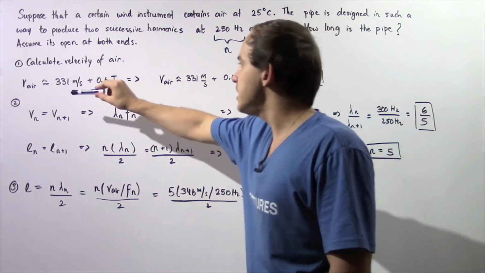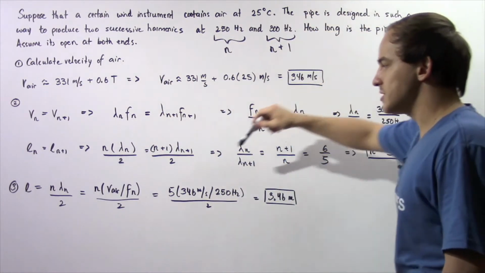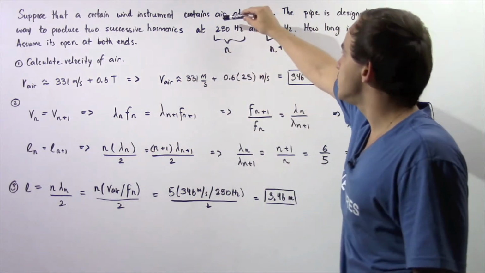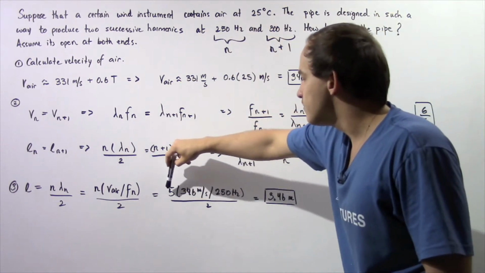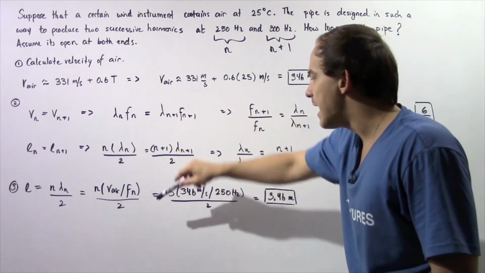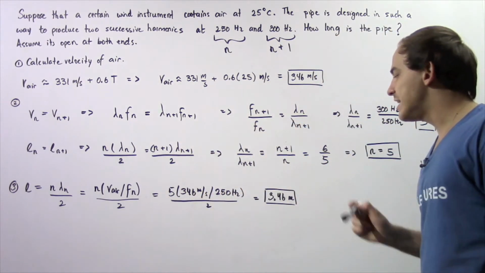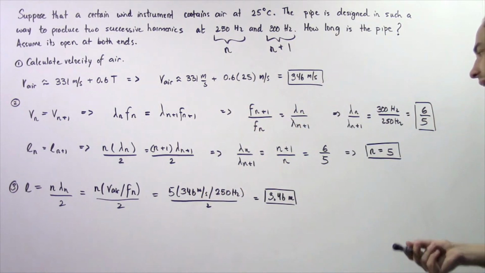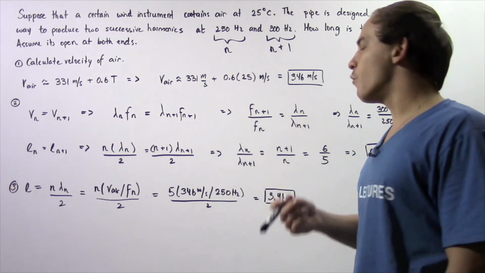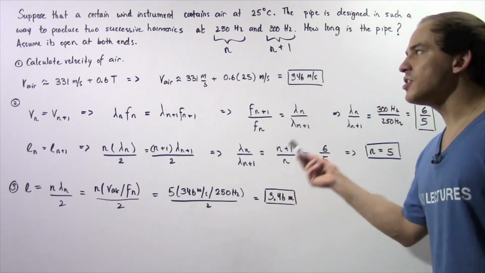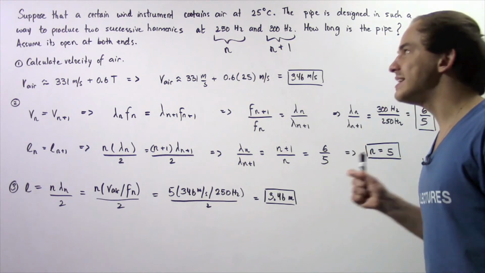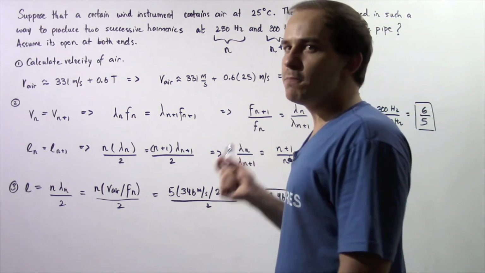Now, v air is simply 346 meters per second. The fn is given to be 250 hertz, and we multiply this division by 5, divide by 2, and we get approximately a length of 3.46 meters. So this is the length of our pipe, of our wind instrument, that is open at both ends.